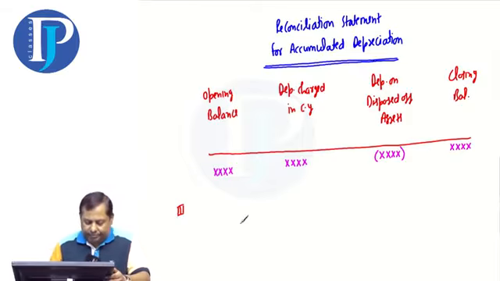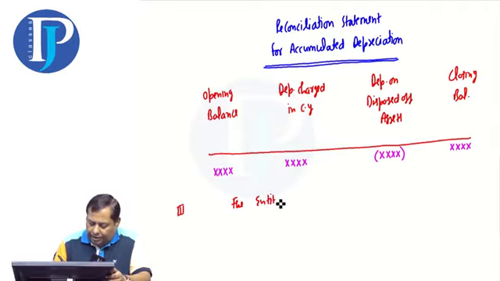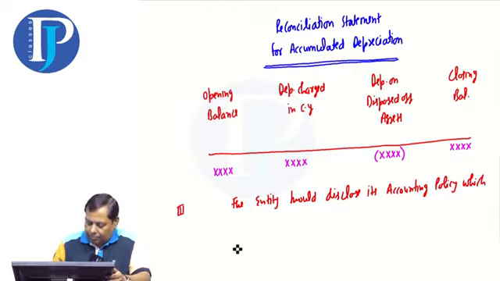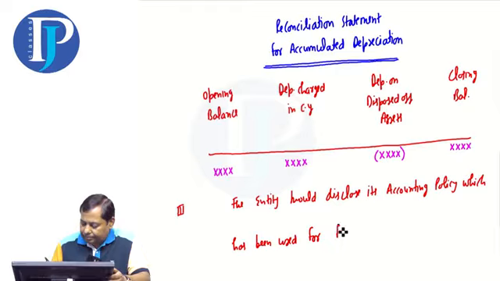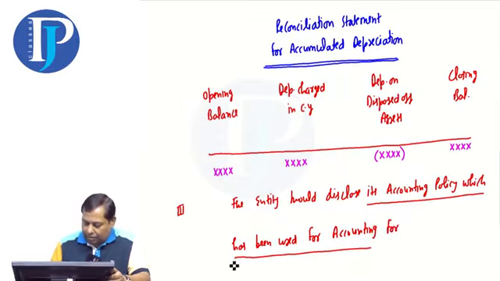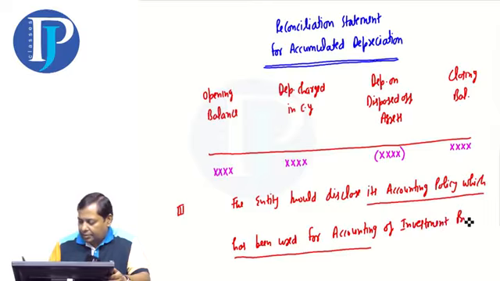You must tell the accounting policy. The entity should disclose its accounting policy which has been used for accounting of investment property.